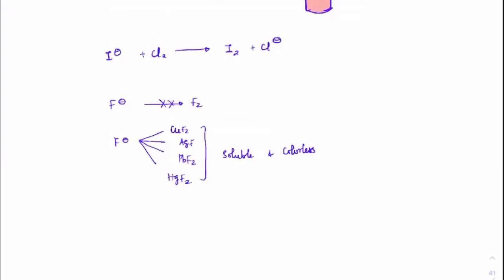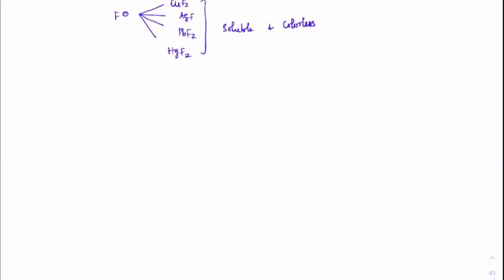Now you might be wondering, sir, how are we deciding which one will come colored and which one will not? If that is something bothering your mind, just check out how the color formation is. Color formation in salts.